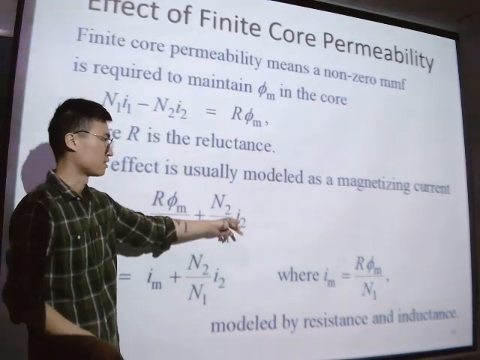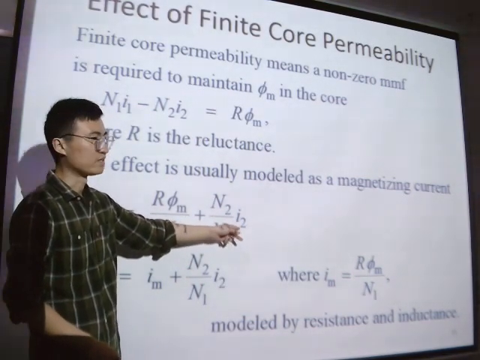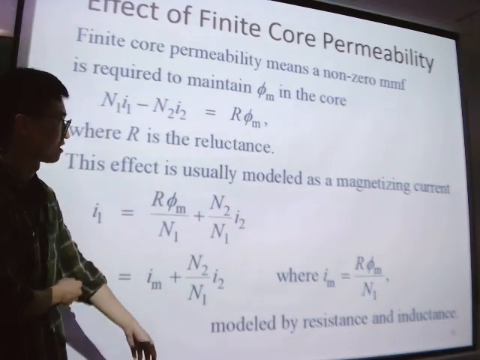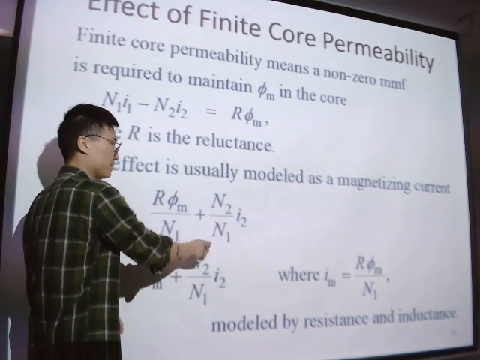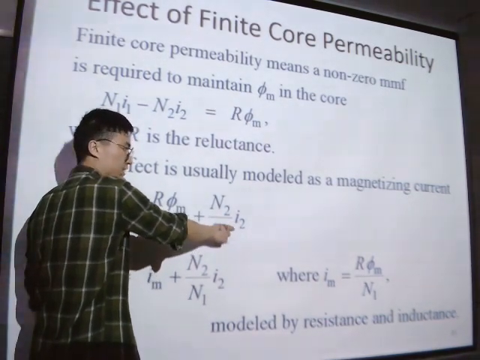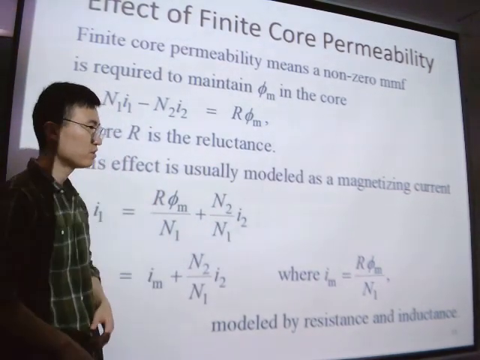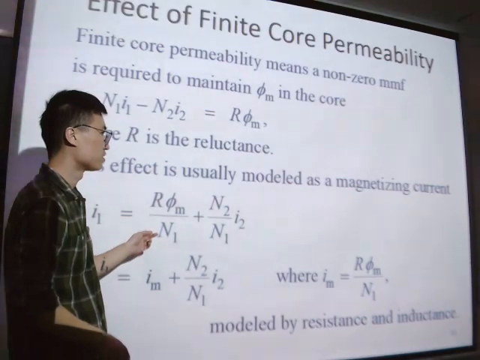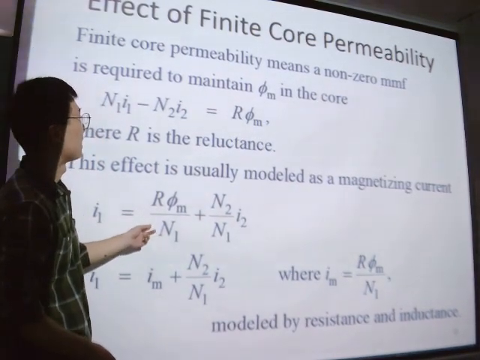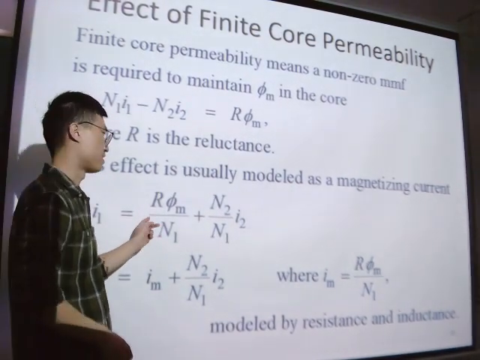The secondary side current is transferred to the primary side. This is the transferred current in the ideal conditions, and this is the extra losses generated by the magnetic flux.